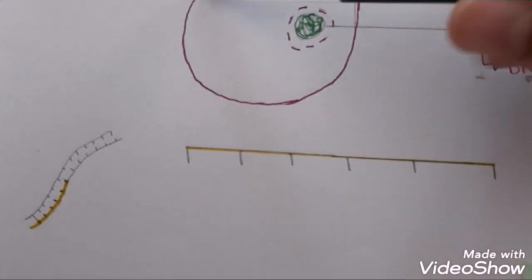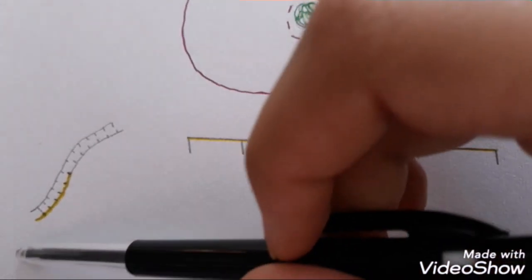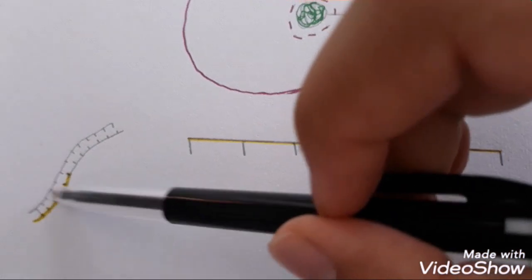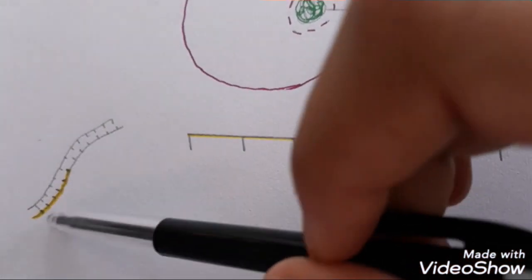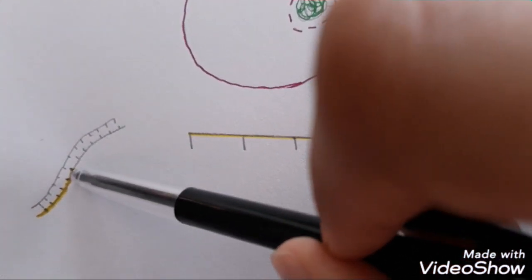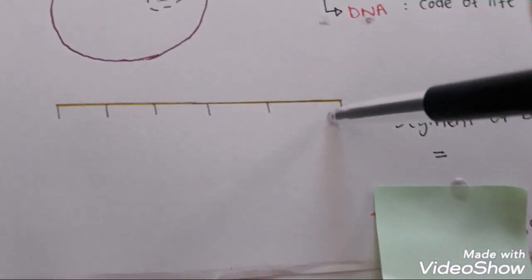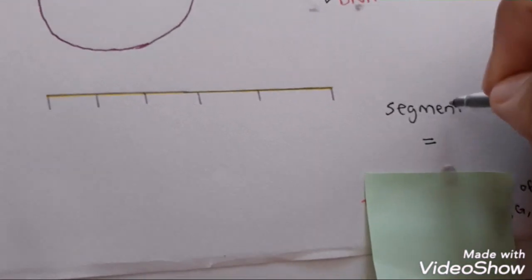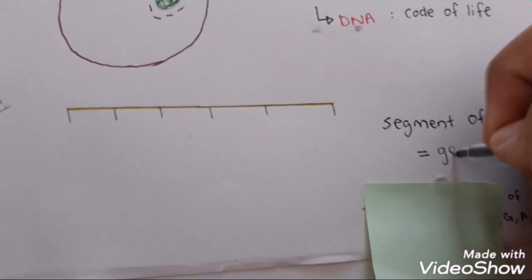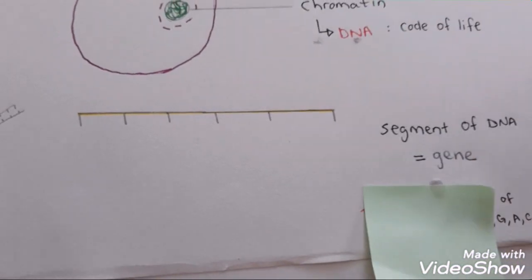We know if we take DNA out that it is a double strand with different nucleotides. If we take a segment of the DNA, it is called a gene.